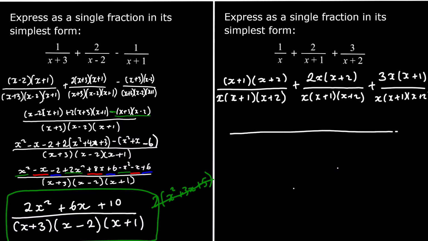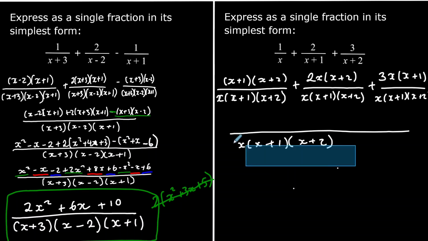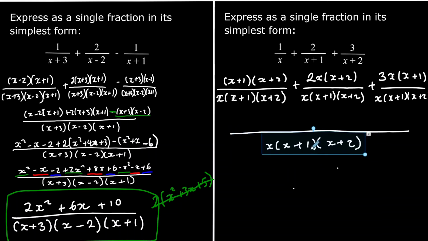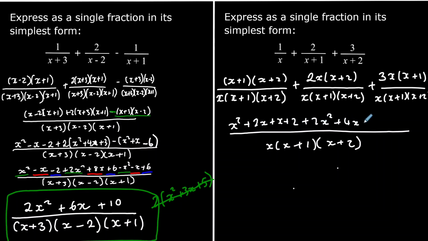So we can make it into one fraction now. I'll expand as I go. So x squared plus 2x plus x plus 2 plus 2x squared plus 4x plus 3x squared plus 3x.